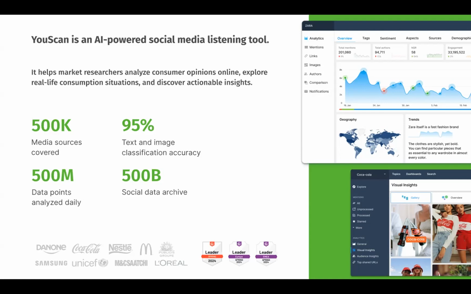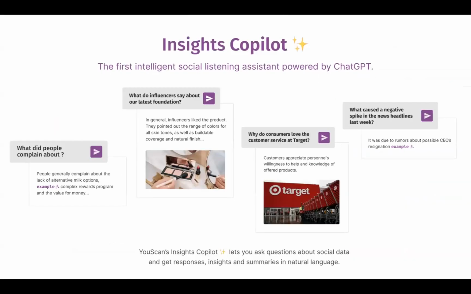So typically, social listening tools like YouScan are structured around charts and graphs, showing you, for example, sentiment distribution, trends in discussions, clusters, geography, and so on. But lately, we made a step further, and we are trying to democratize social listening for market researchers by enabling them to query the data in natural language with our newest AI tool, the Insights Copilot.